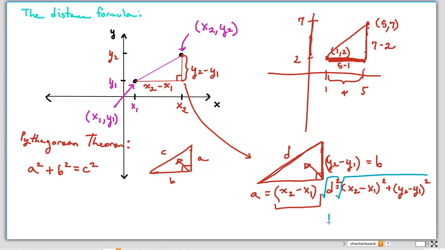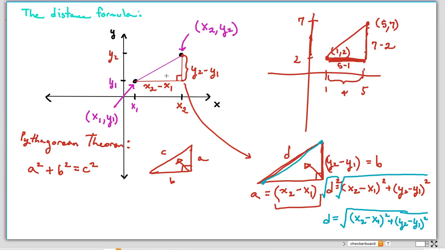The square root of d squared is just d, and I get the square root of x2 minus x1 squared plus y2 minus y1 squared as the distance, as d, this length d right here.